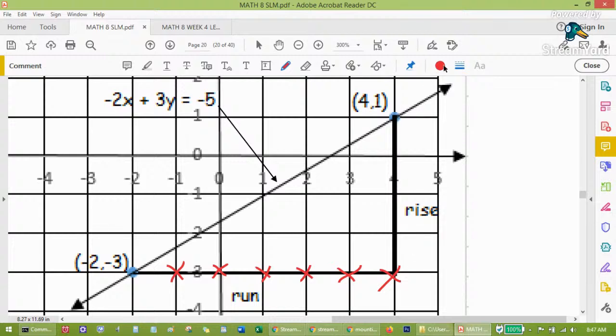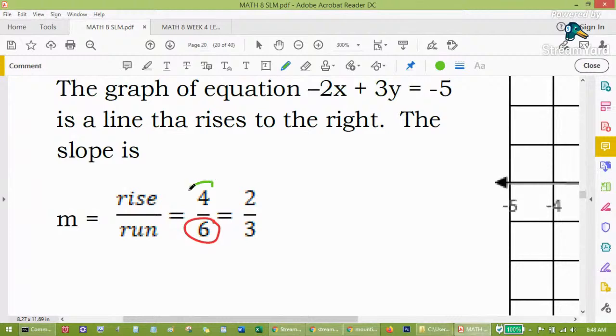So, 1, 2, ulit, 1, 2, 3, 4. 4 places, and then dahil paakyat, that is a positive 4 rise. So, therefore, yung rise natin is positive 4. Yung pag-angat niya is positive 4 pataas.